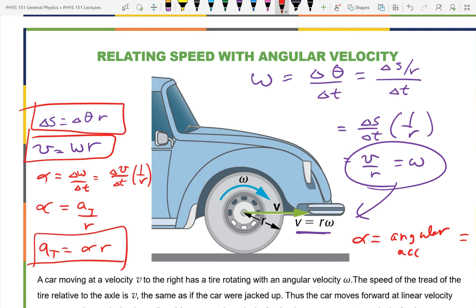If I take all of my variables and multiply them by the same number, I'll have the same equation, right? It's equivalent. And so all of our kinematic equations work out to be exactly what we did before, but changing from what we call the translational, translation is moving it along, motion to the rotational motion.